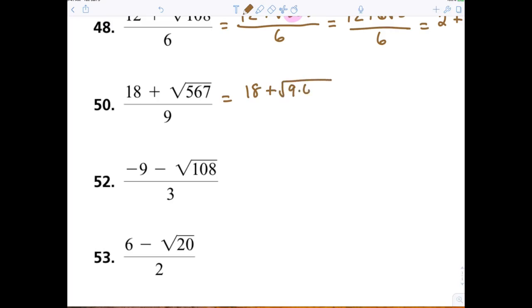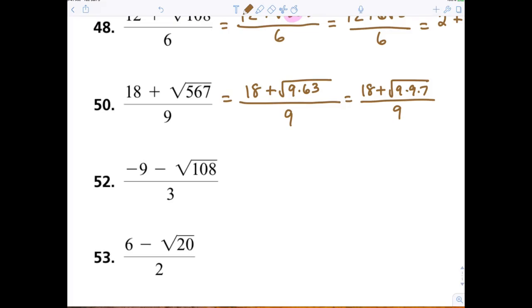So 9 times 63. Now does 63 have a perfect square in it? That's right. Does everybody see that? So everybody doing their calculator, 9 times 9 times 7, just to make sure.